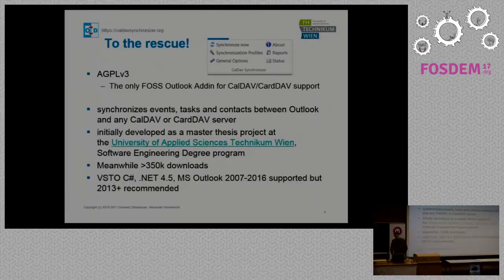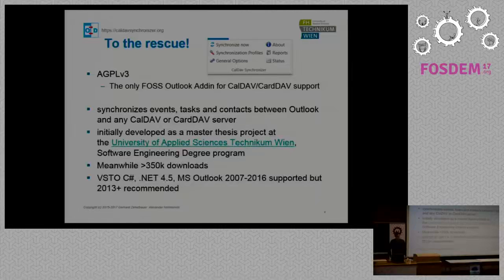It's based on C# and the .NET 4.5 framework. Supported Outlook versions are starting from 2007 to the latest 2016, of course. That's also an advantage compared to ActiveSync, because ActiveSync is only available in Outlook 2013 and newer.